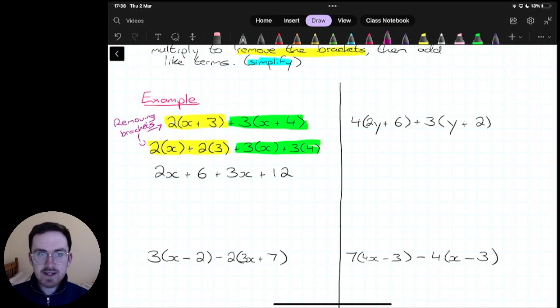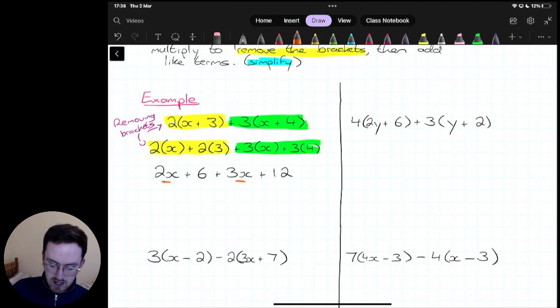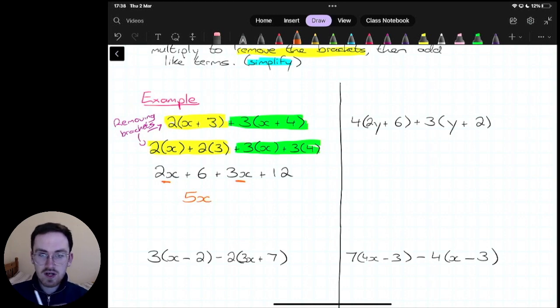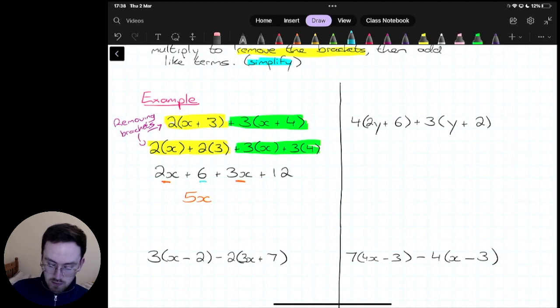For the next bit, we have to think back to our adding like terms. So we look and see how many x's do I have. I have 2 here plus 3, so I have 5 x's altogether. Remember, the number in front tells us how many x's there are. Same thing with the numbers then. If I have 6 plus 12, I have plus 18.